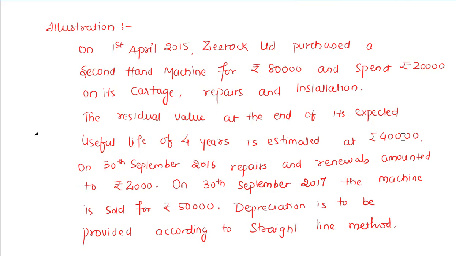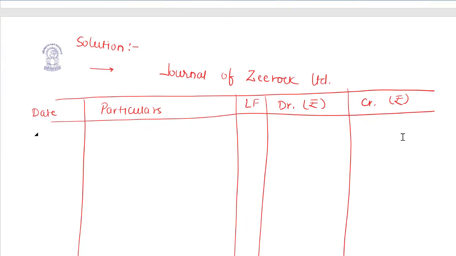On 1st April 2015, Xerox Limited purchased a second-hand machine for 80,000. So write it over here: 1st April 2015, machinery account debit to bank account 80,000.